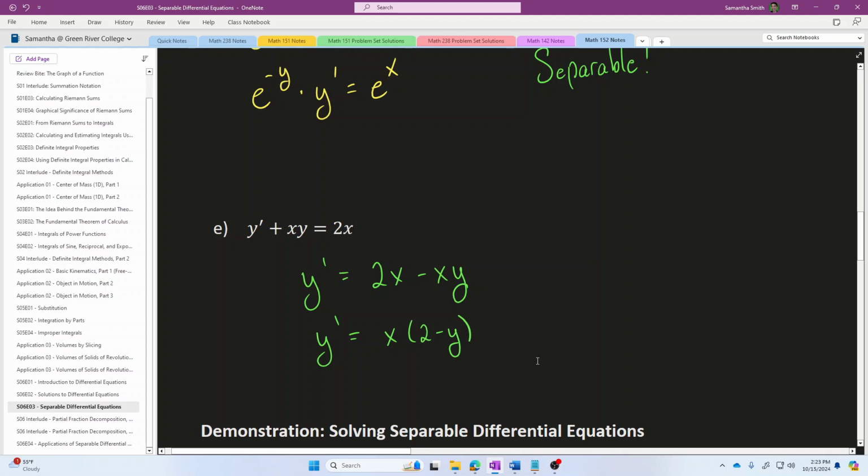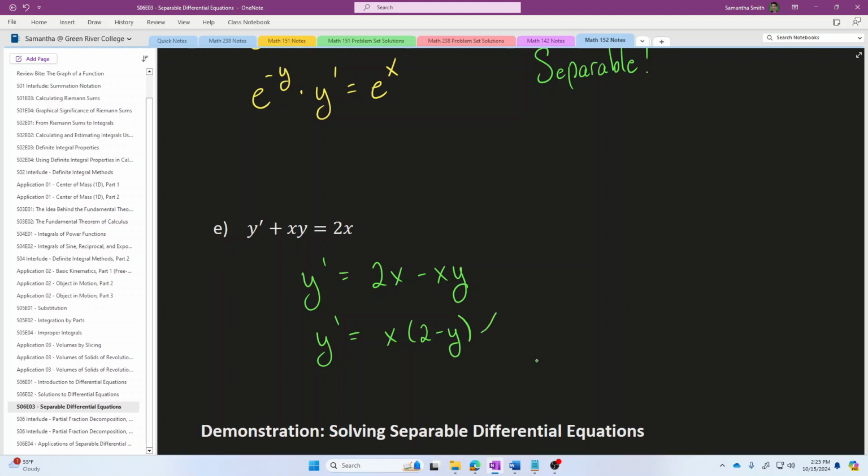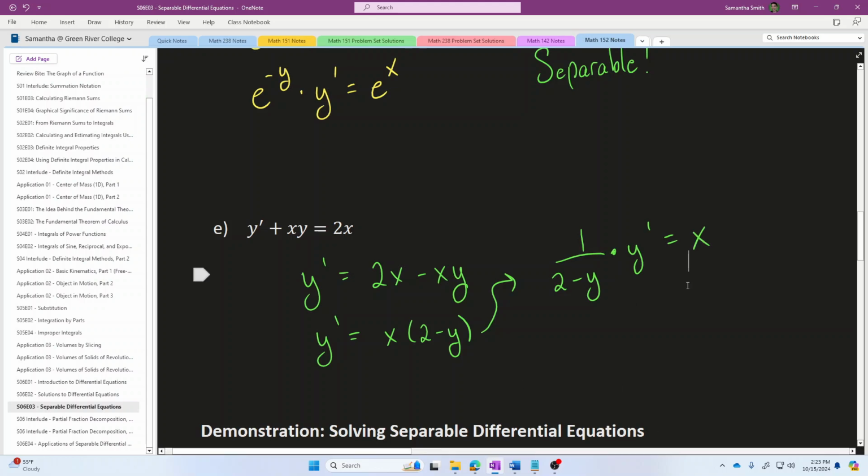And if I factor out that x, and I divide both sides of the equation by 2 minus y, then in this situation, I get 1 over 2 minus y times y prime is equal to x. And this is of exactly the correct format for a separable differential equation.